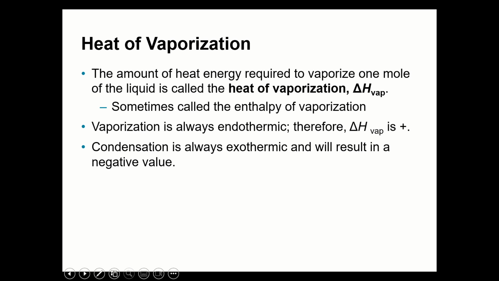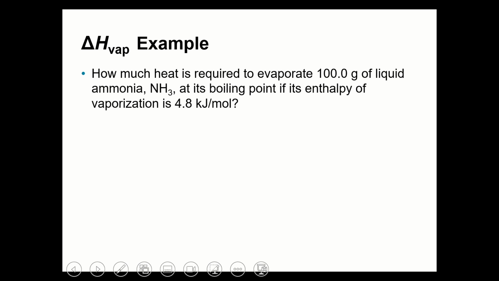It does depend on how the question is phrased. So if it says how much heat is released, then typically that negative is accounted for by saying the word released. But if it says how much energy without using the word released, then you may have to include a negative value in your answer. So just watch out when you see the word condensation, your values may need to be negative if the word released is not used.